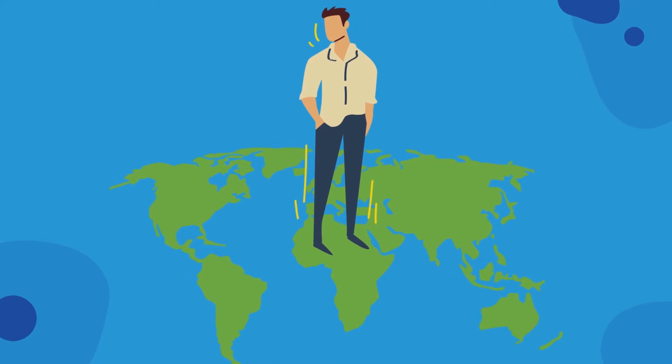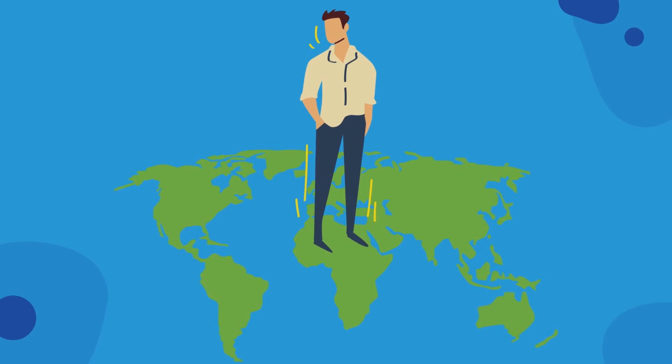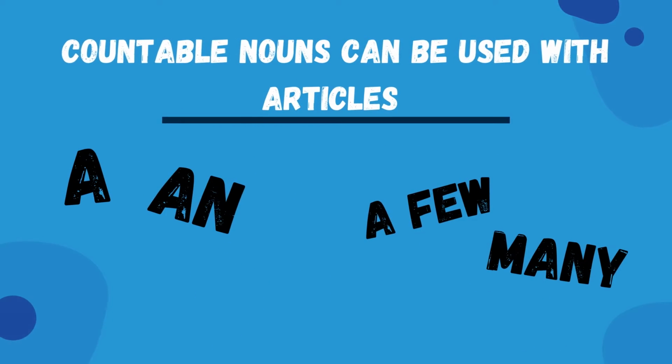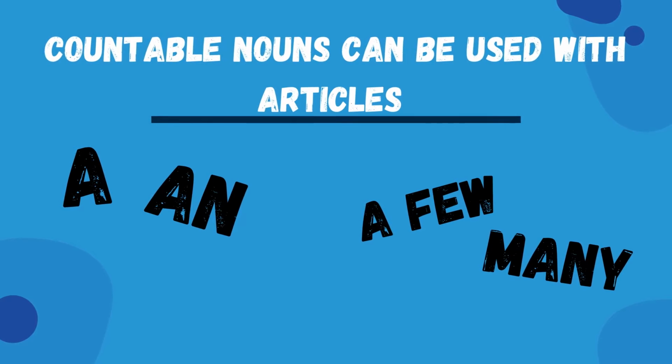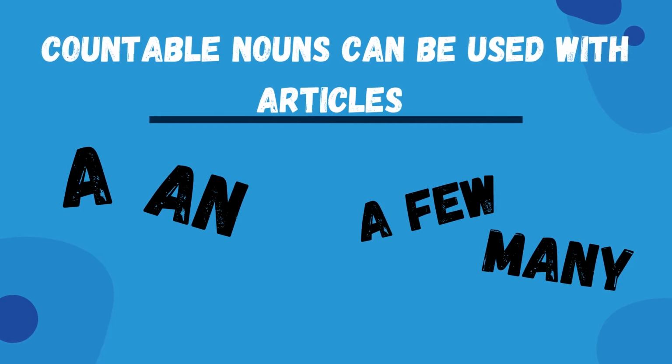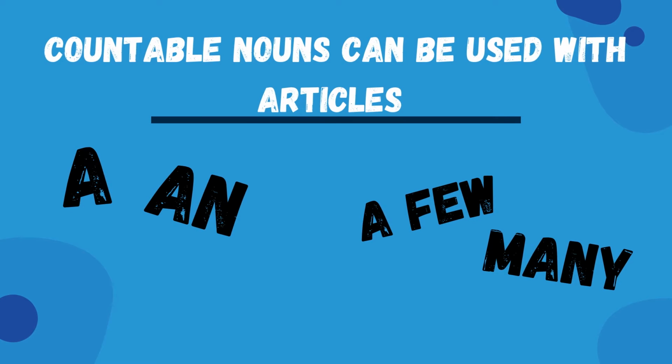You can count nouns even if the number might be high, like for example, counting all the people in the world. Countable nouns can be used with articles such as a, an, and quantifiers such as a few and many.